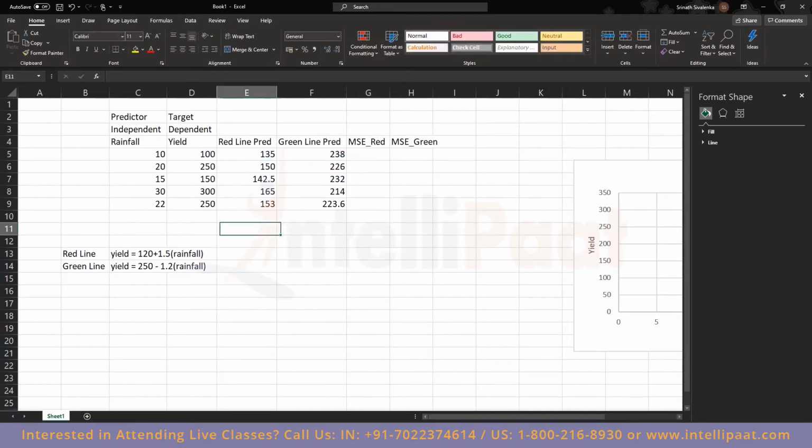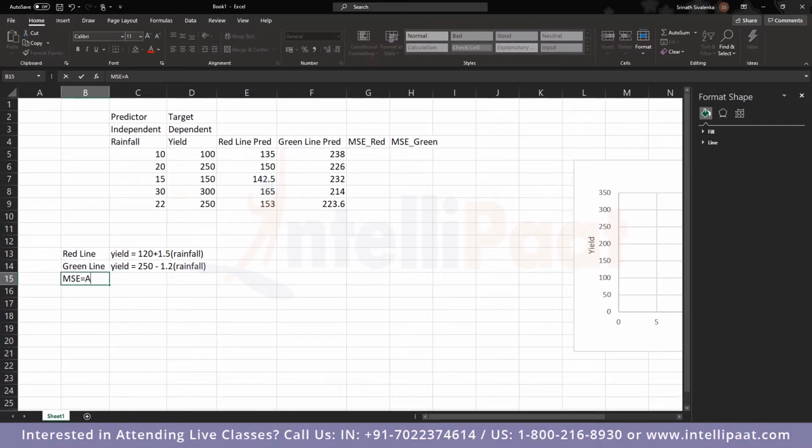To compute your MSE, it's going to be the average of actual value minus predicted value, whole squared. That is what your MSE is all about, squared error. So this is my actual value minus predicted value, and then I'm simply going to square it.